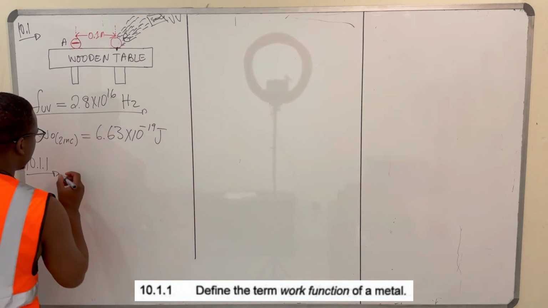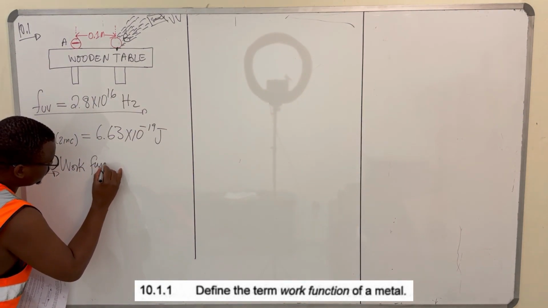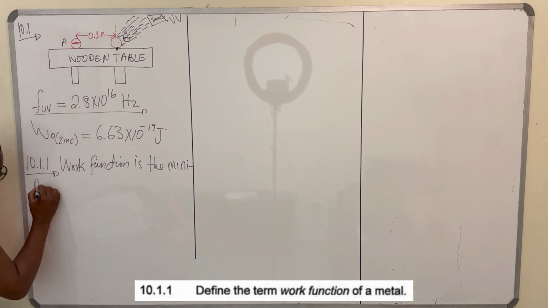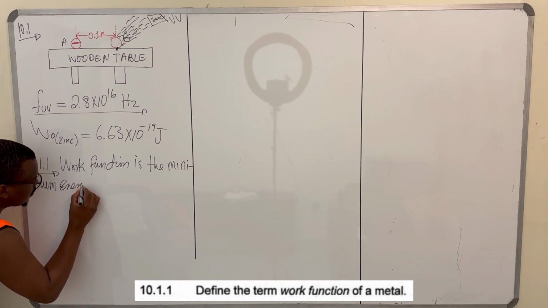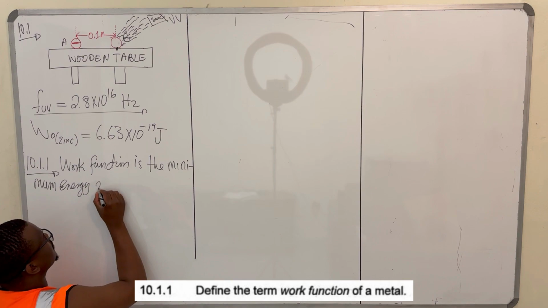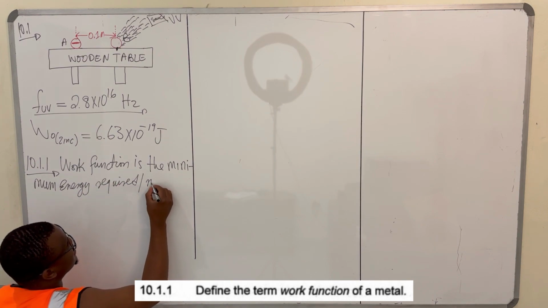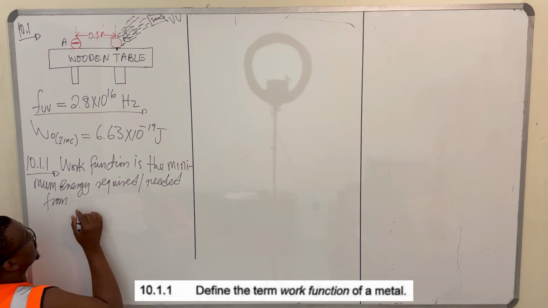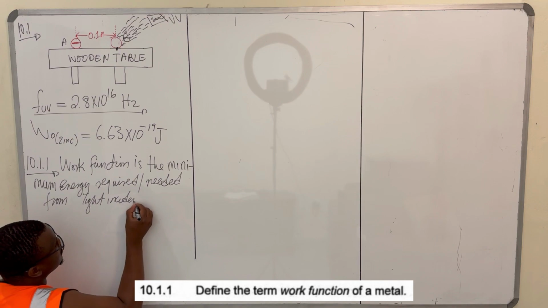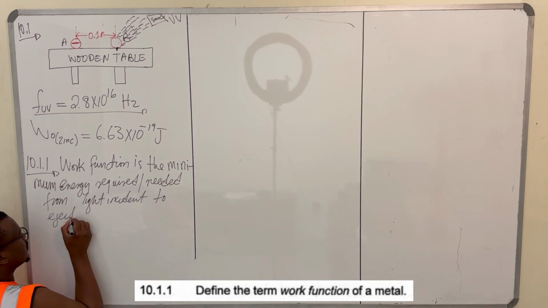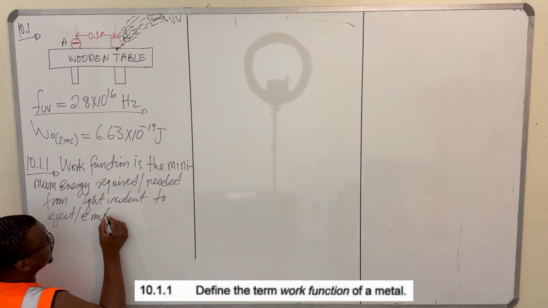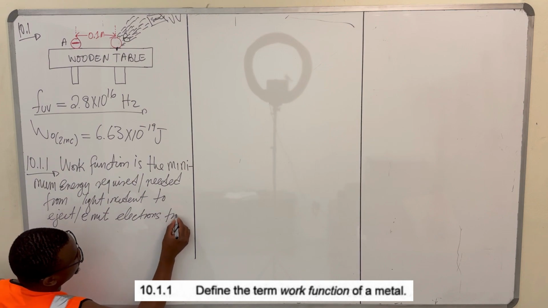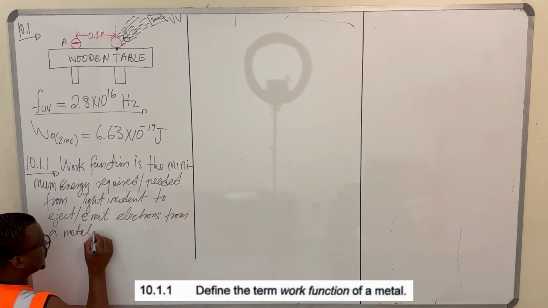So we can say the work function of a metal is the minimum energy required from light to eject or emit electrons from a metal surface.